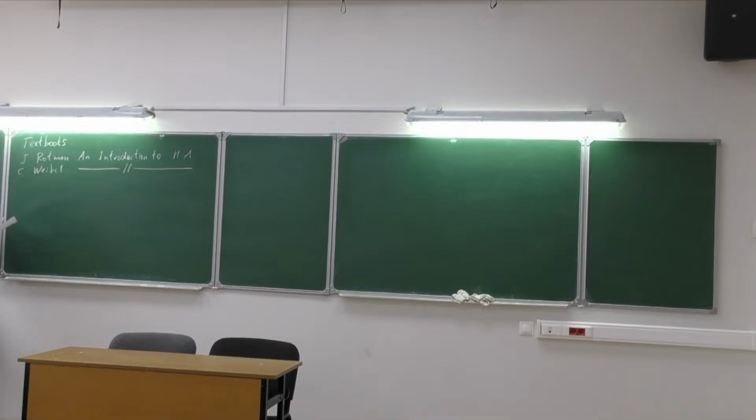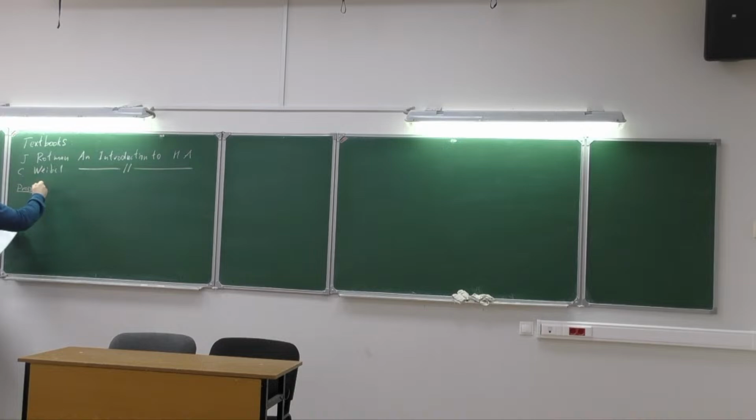Okay, so let's continue what we started last time. We started projective modules, and I want to prove the following proposition, saying that being a projective module can be formulated in a lot of different ways.